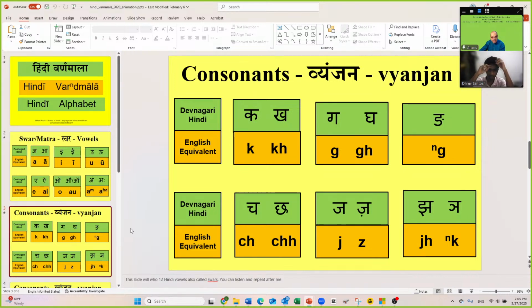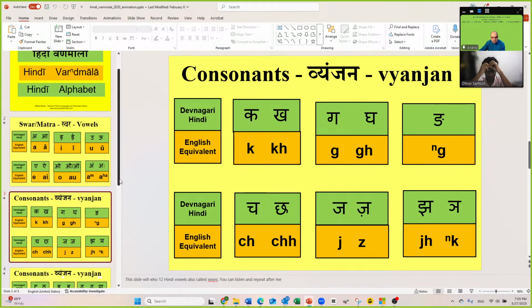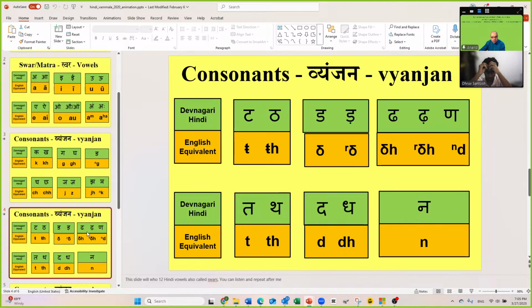Are you talking about this slide? Actually, yes. So which ones are you talking about? Top row, bottom row? I'm talking about the last letter on the top row. Last box. Yeah.